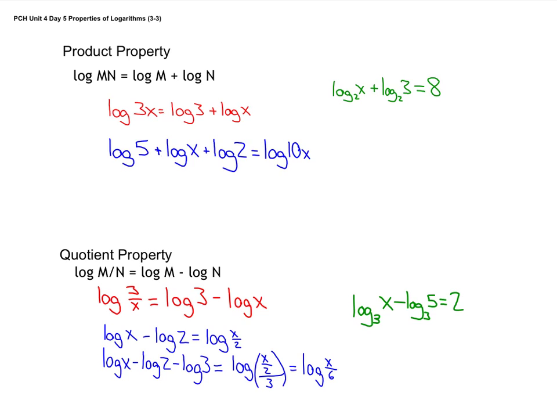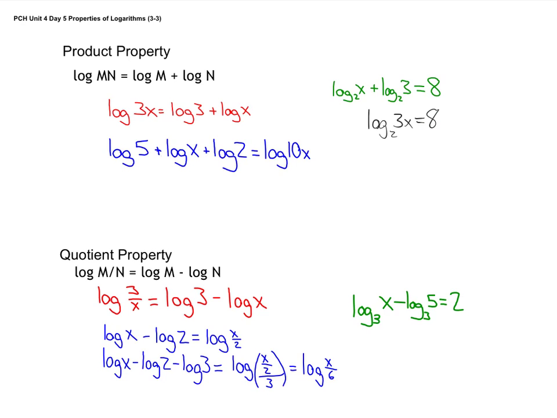Just to see how this is useful, if you look at the equation to the right, we can't solve that equation as it is. So we have to use this property to rewrite this as the log base 2 of 3 times x equal to 8.